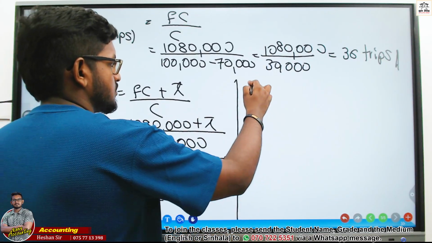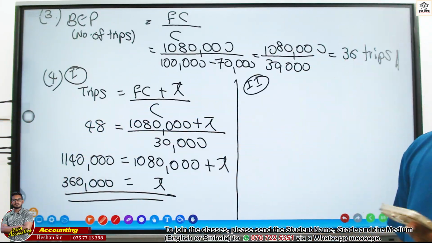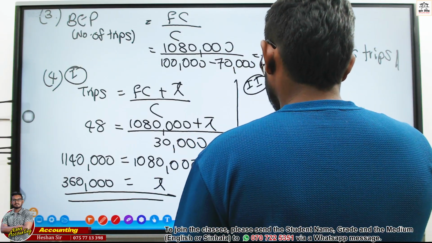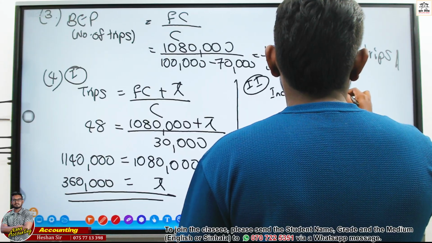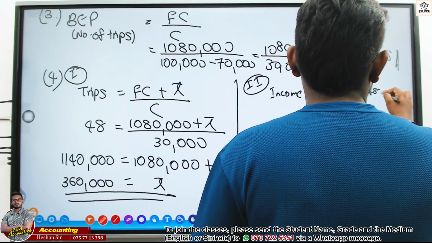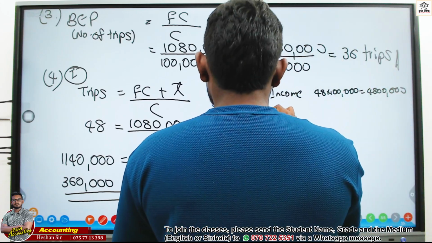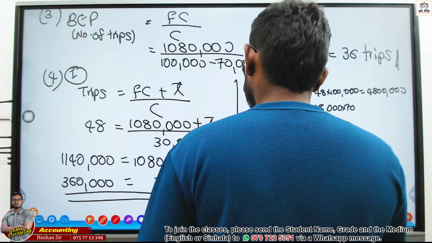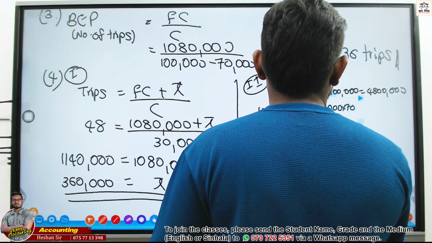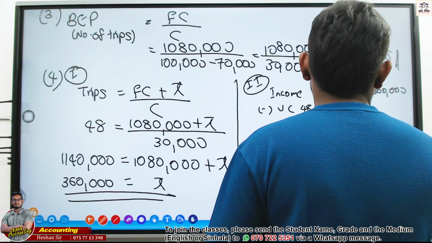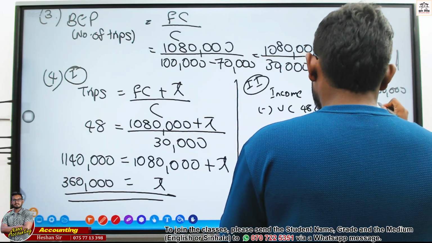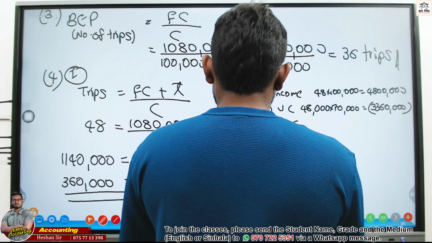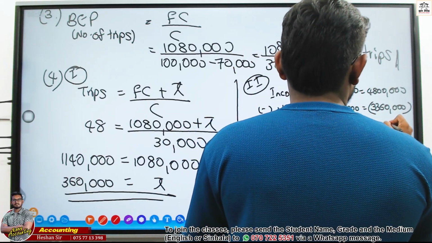Take another method. There is another method, you can take total income. So 48 trips multiplied by 100,000, that is 4800. From this you can take variable cost, 48 trips at 70,000, that is 3360, and total fixed cost you can take 1080.